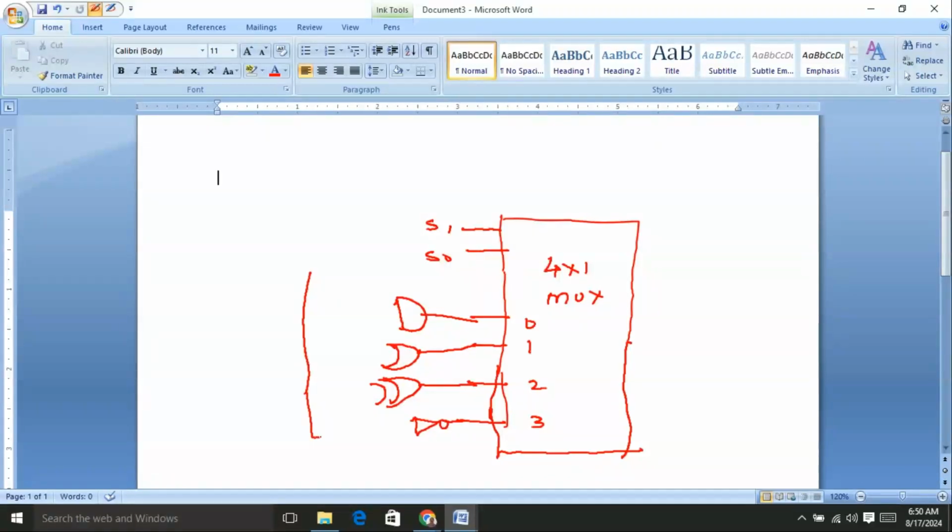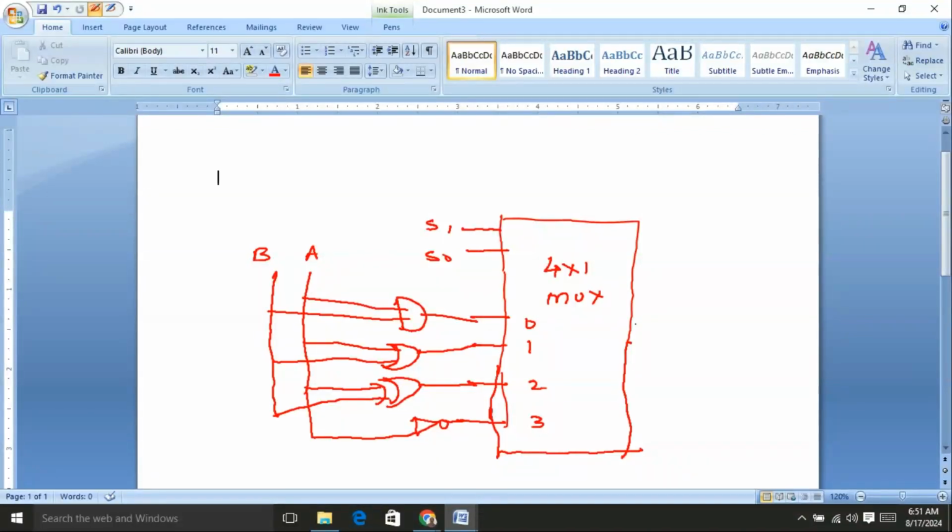This is the input A, connected to all the gates, and A only is connected to the NOT gate, because the NOT gate has only a single input. And this is the input B. The input B is connected to the second input of all the gates.